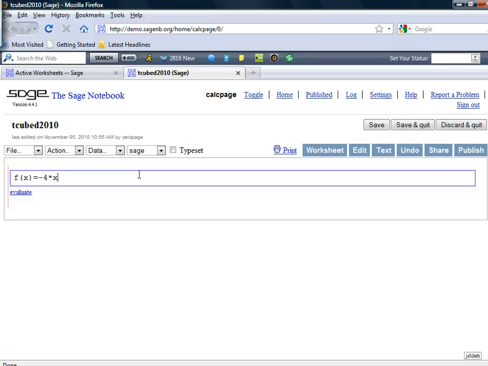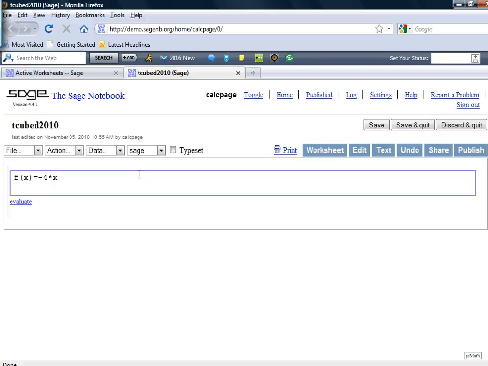That was shift 8 for the multiply. And then let's say g of x is equal to 3/4 x plus 19/8, so 3 times x divided by 4 plus 19 divided by 8.